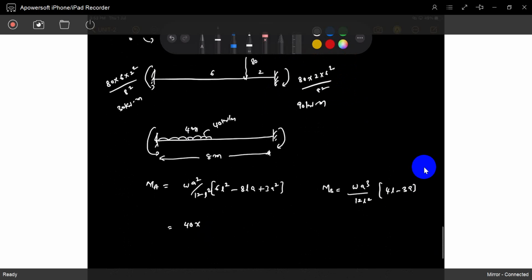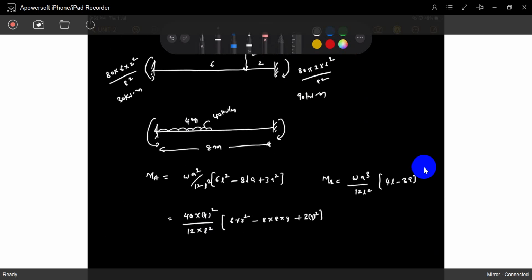So 40 into 4 square by 12 into 8 square, into 6 into 8 square minus 8 into 4 plus 3 into 4 square. So what is that value?